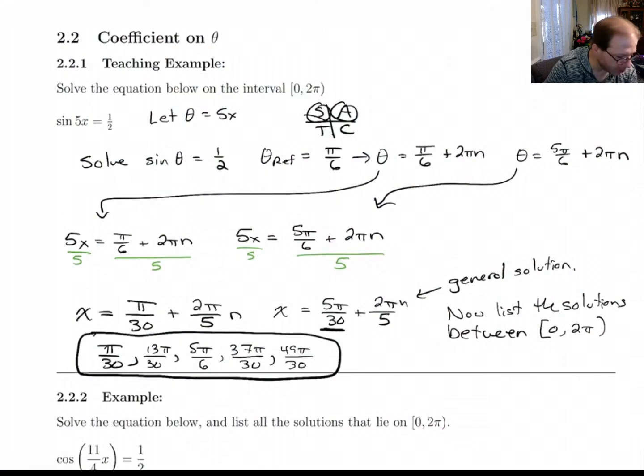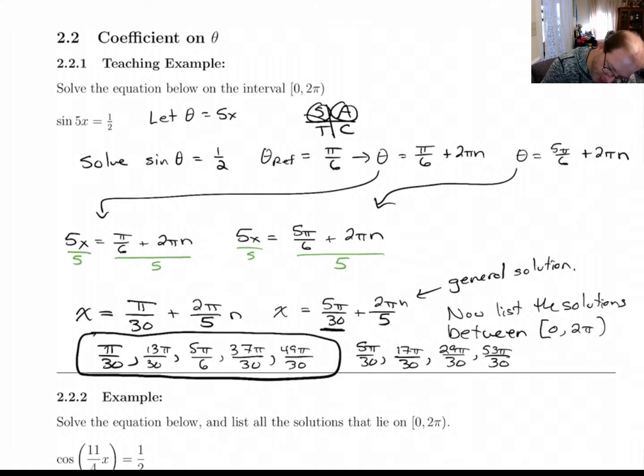So these other solutions are 5 pi over 30, 17 pi over 30, 29 pi over 30, 53 pi over 30, and then 13 pi over 6, which I'm not going to list.